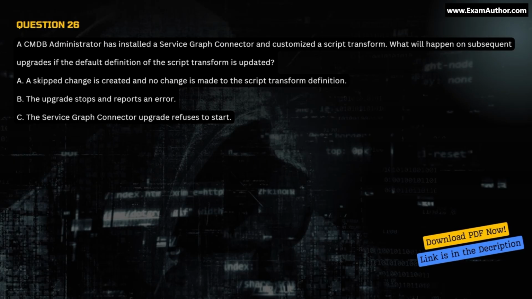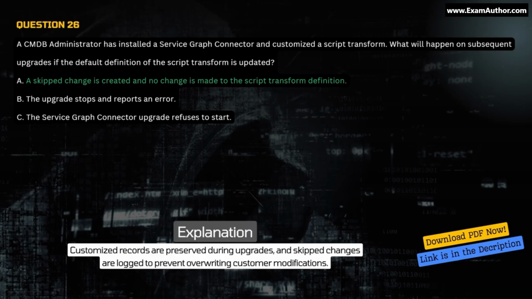C. The service graph connector upgrade refuses to start. Correct answer A. A skip change is created and no change is made to the script transform definition. Explanation. Customized records are preserved during upgrades, and skip changes are logged to prevent overriding customer modifications.